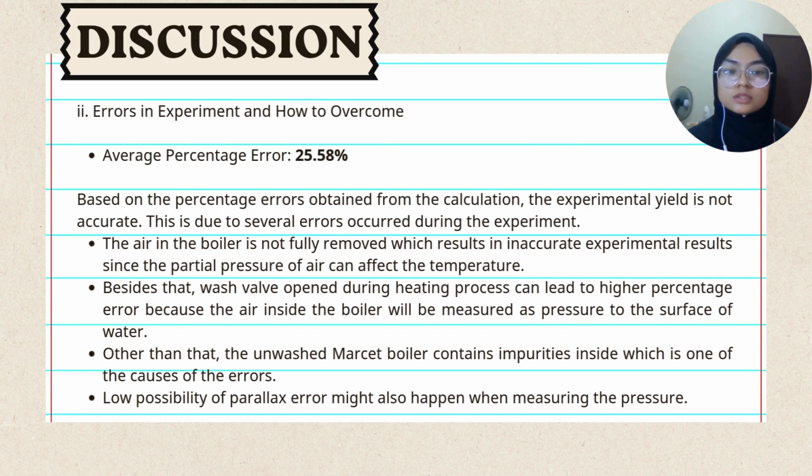Last but not least, which is the least likely possibility, is the parallax error that might also have happened in our experiment while measuring the temperature and also the pressure.